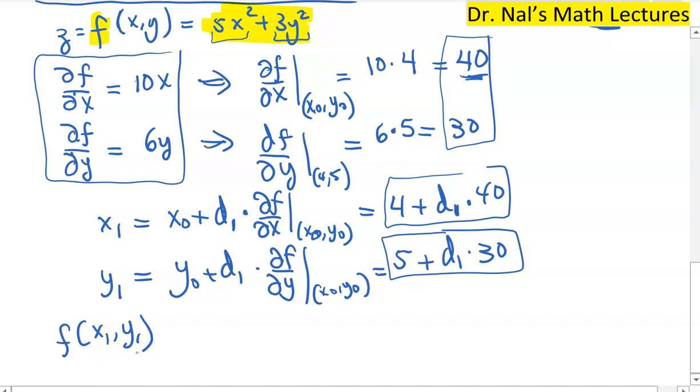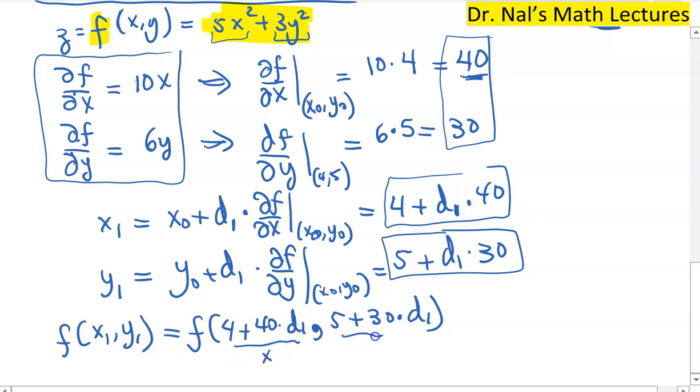So f of x1, y1, we want to plug in these values: f of 4 plus 40 times d1, comma, 5 plus 30 times d1. So this is the value for x, and this is the value for y. So these are actually x1 and y1, which we just evaluated in the previous step.